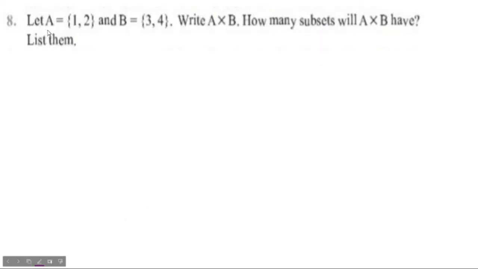Next, in this question, A is a set where the elements are 1 and 2, B is the set where the elements are 3, 4.